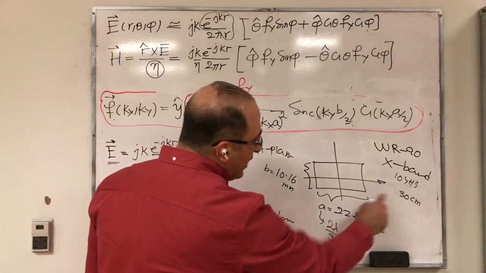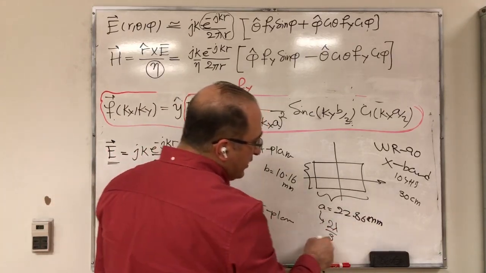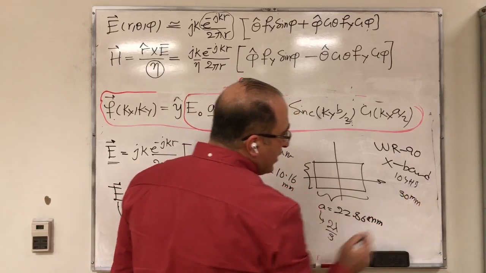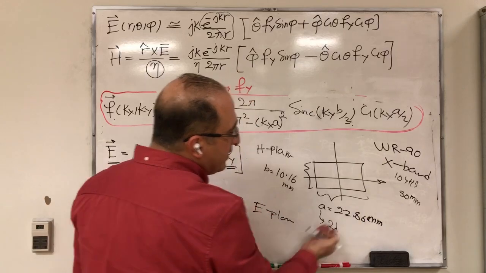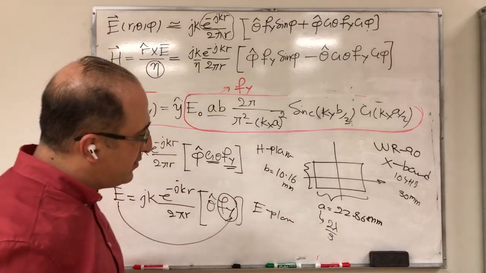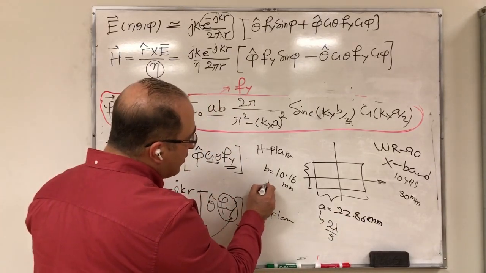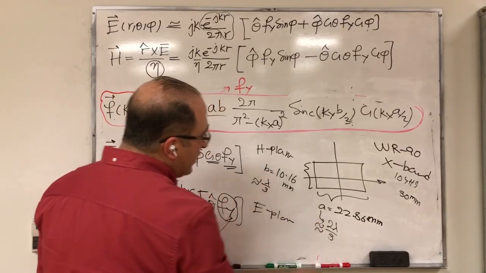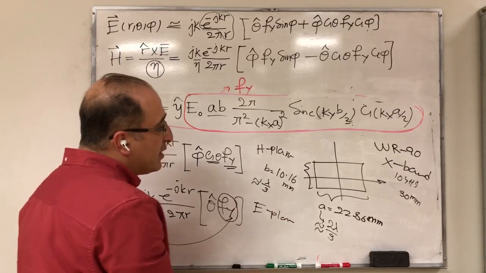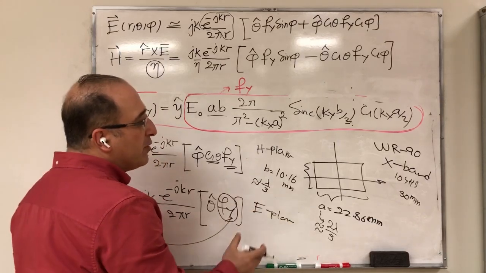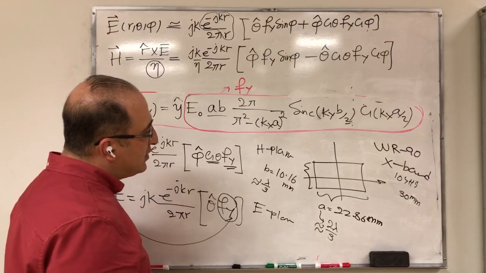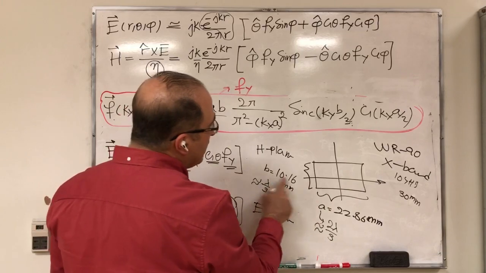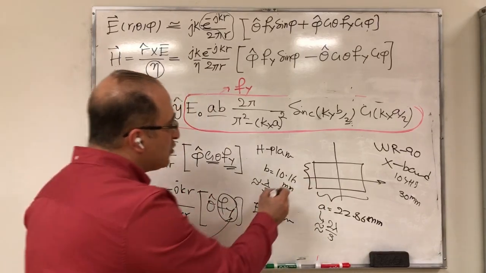Checking that, 2 lambda divided by 3 for 30 millimeter would be about 20 millimeter. Here it is 22.86. And B, you can approximate at the center frequency by lambda divided by 3. There is no reason to approximate it, but it gives you an idea beforehand about the size of the antenna. So 30 divided by 3 gives you 10, and I'm at 10.16, so that makes sense.